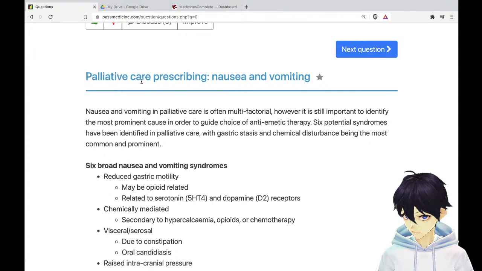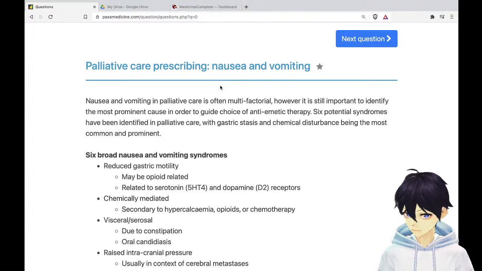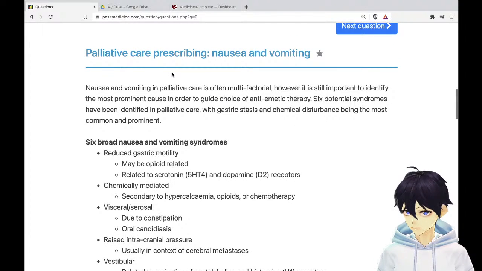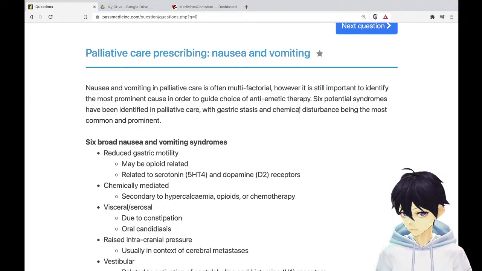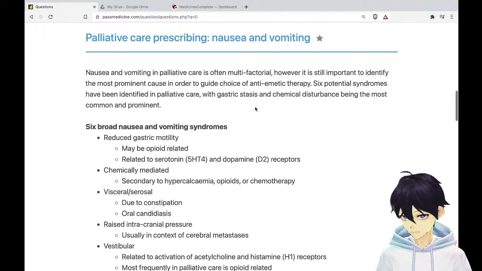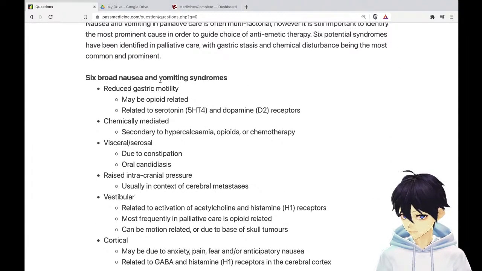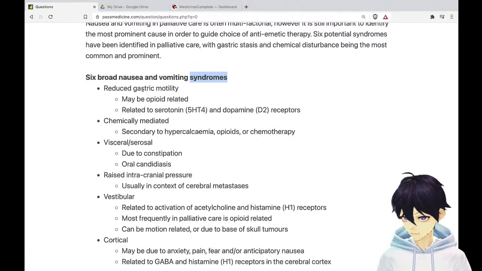There's some notes on this. Worth going through. So, palliative care prescribing: nausea and vomiting. Nausea and vomiting in palliative care is often multifactorial. However, it's still important to identify the most prominent cause in order to guide choice of antiemetic therapy. 6 potential syndromes have been identified in palliative care, with gastric stasis and chemical disturbance being the most common and prominent. 6 broad nausea and vomiting syndromes.